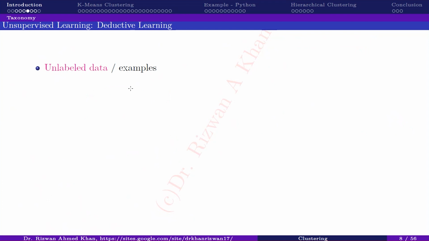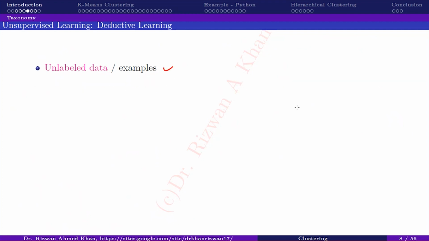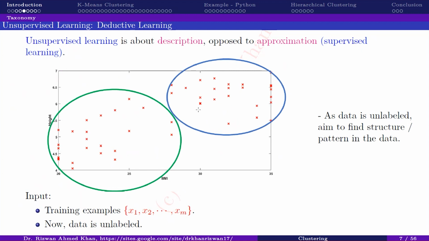So we are given unlabeled data or examples in the data set, and we'll try to derive structure from the data by exploring relationships between input examples. There is some kind of relationship or structure between the data points. So we can say that data points which are together, or data points which are similar, are grouped together to make a cluster.